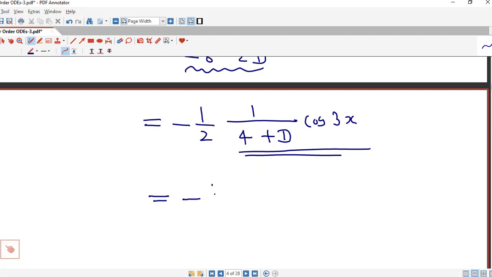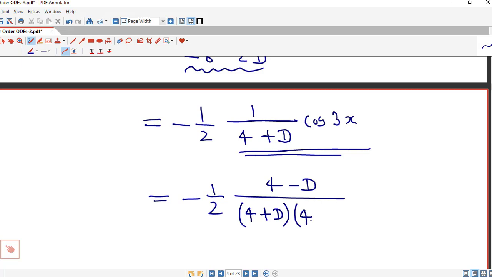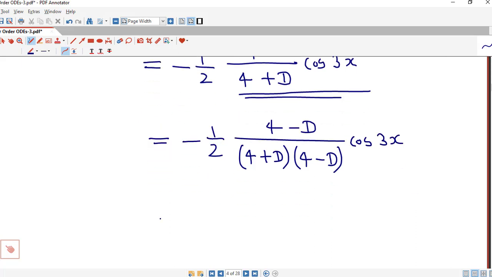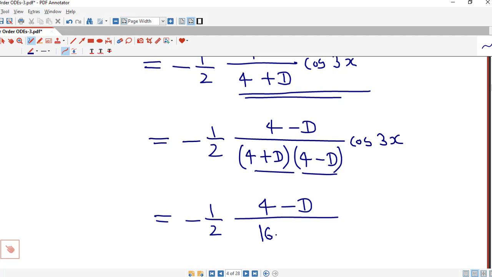For that we multiply and divide by 4 minus D. We multiply numerator and denominator by 4 minus D, so that we have the D square term in the denominator. So now this is minus 1 by 2, 4 minus D over 16 minus D square, cosine of 3x.